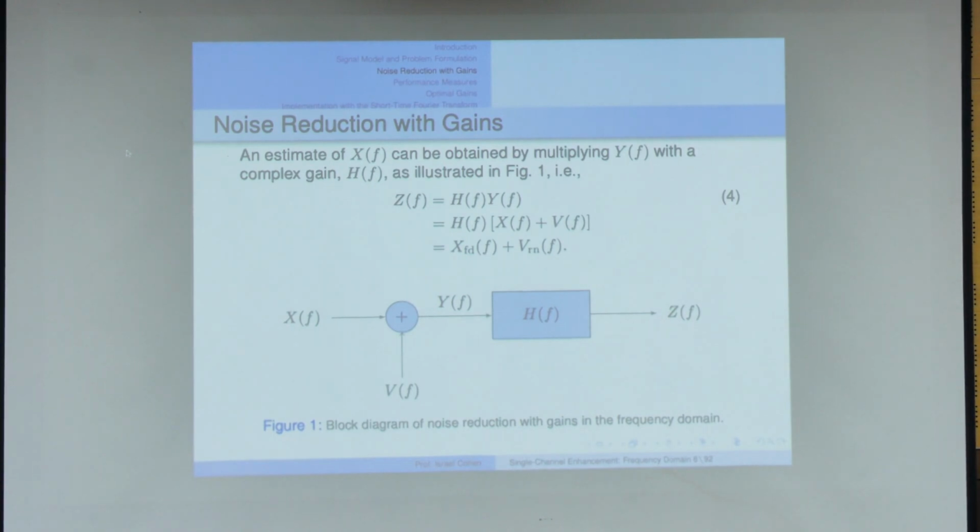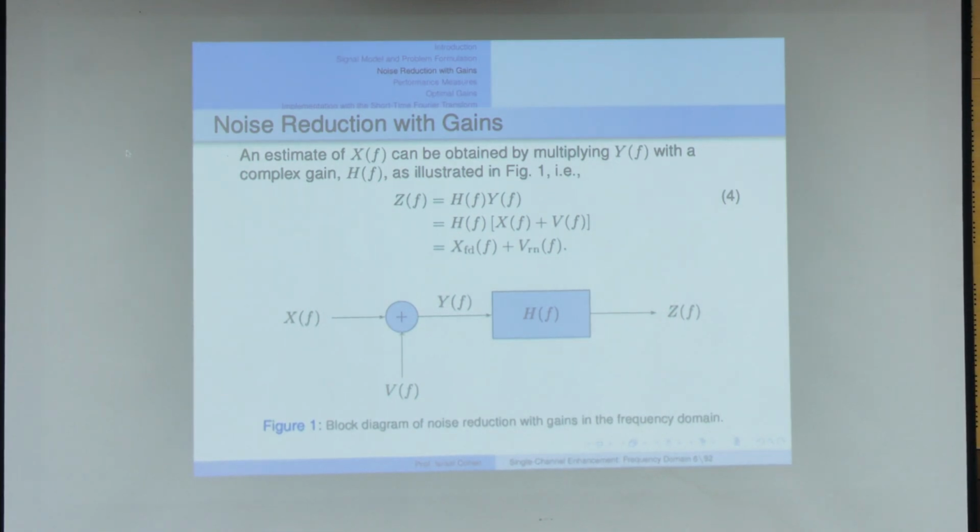So on one hand, we want the filtered desired signal to be equal to X, which means that the gain H should be 1. Ideally, we want H multiplied with X to be equal to X for any X, for any desired signal.